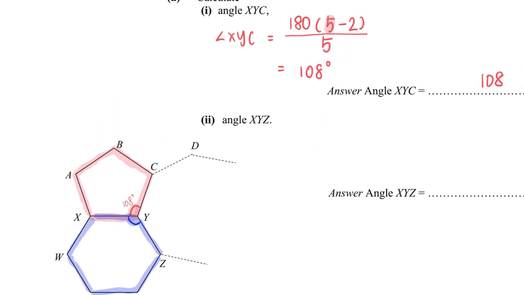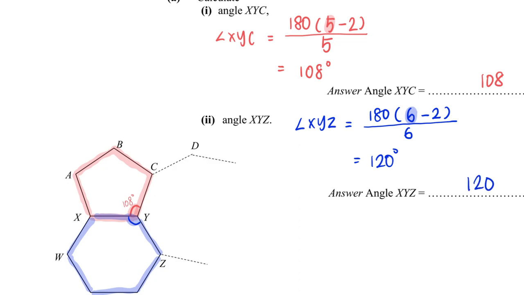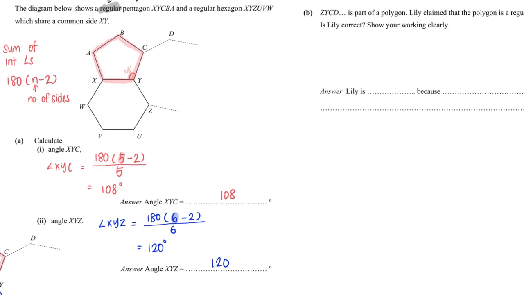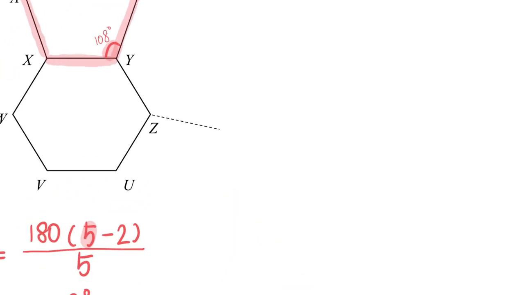So now this is 6 sides. So angle XYZ is equals to 180 multiplied by 6 minus 2, because there are 6 sides, and I divide by 6 because there are 6 equal interior angles. So now this is 120 degrees. Alright, and let's move on. So now I know this is 120 degrees.